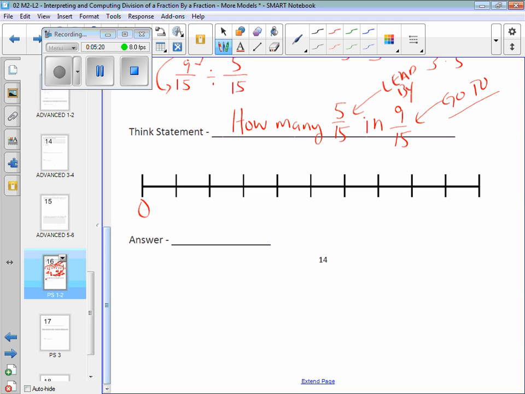Steven, what's my first line as a fraction? 1/15. Very good. What about this one? Just say it out loud with me. Now watch, I'm going to leave off the denominator just because I know it's in 15ths.